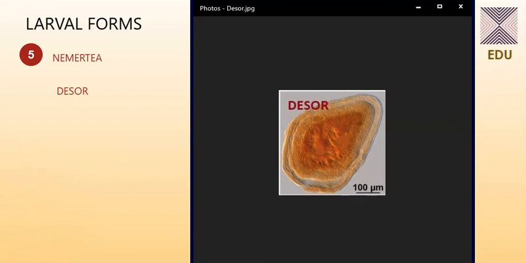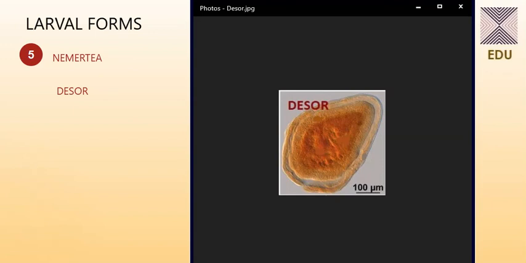The same is the case in the desor larva. But in contrast to the pilidium, there is some dissimilarity also. The function of the larval epidermis of the desor is shifted from feeding and dispersal to the direct food supply.